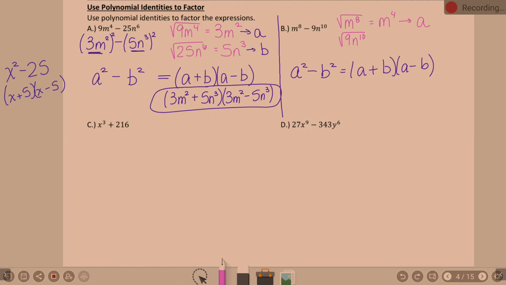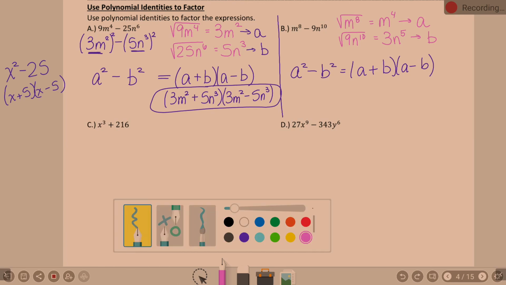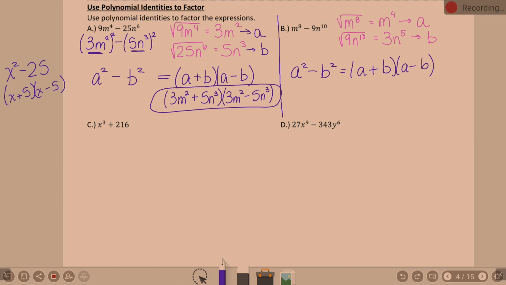Square root of 9n to the 10th. Yeah, the square root of 9 is 3. The square root of n to the 10th is n to the 5th. And this is going to be my b value, yes? Okay. You've taken the square roots, just fill them in. The first square root goes in the front of each parenthesis. So that is what?